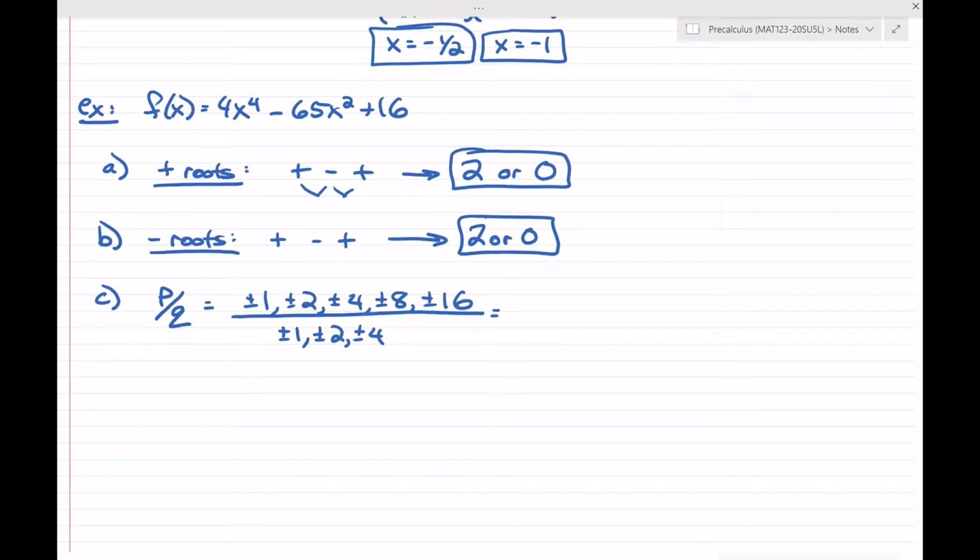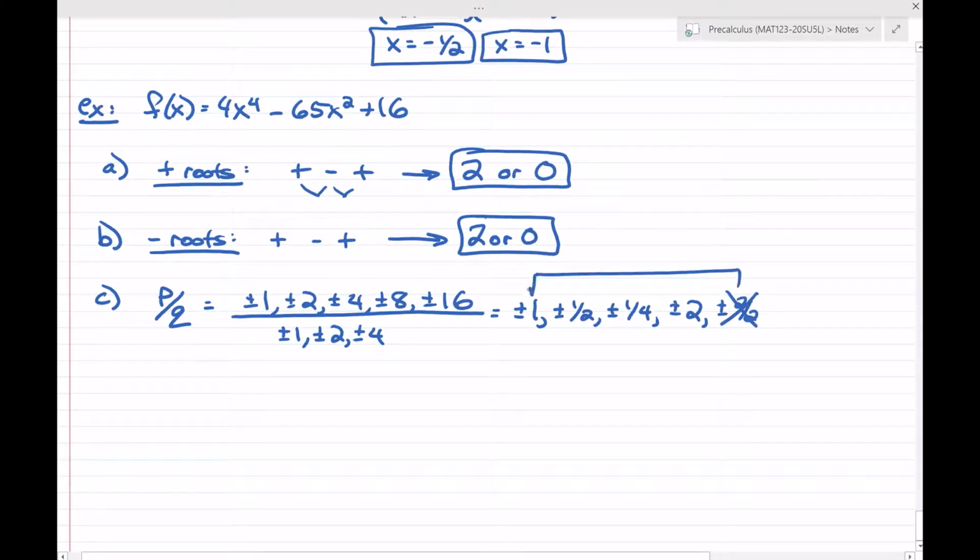So let's try it. I'm going to write 1 over 1, 1 over 2, and 1 over 4. I'm going to write 2 over 1. Now 2 over 2 I already have. That's the same thing as 1, right? So I don't have to write that. And then 2 over 4 I already have.